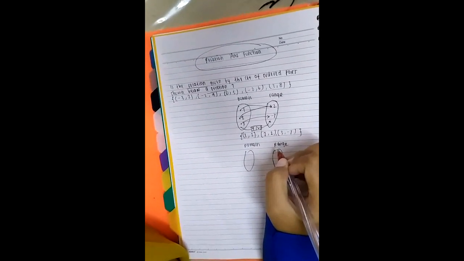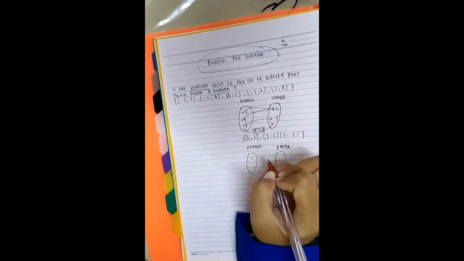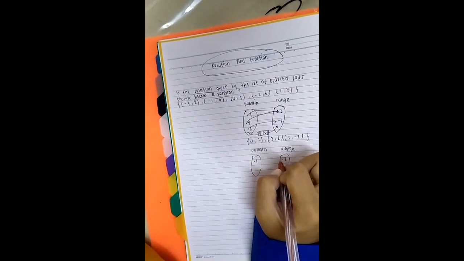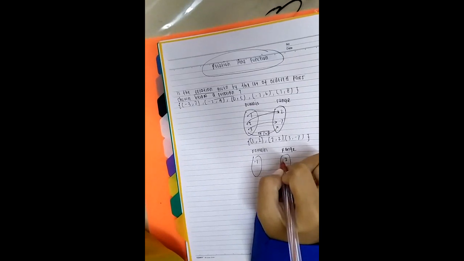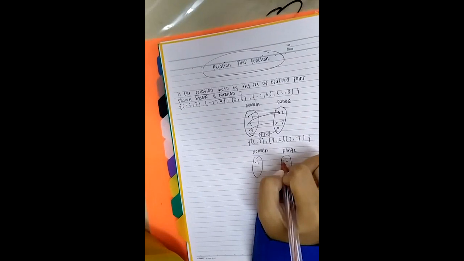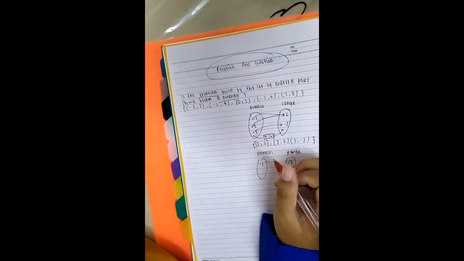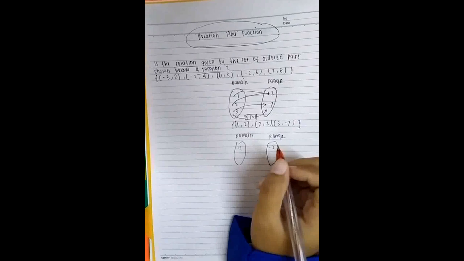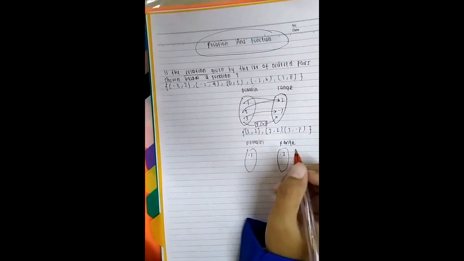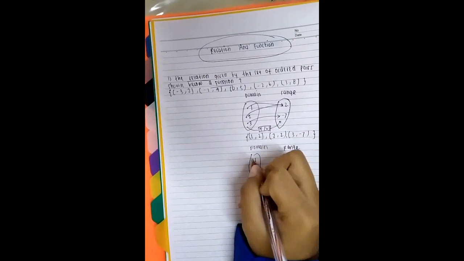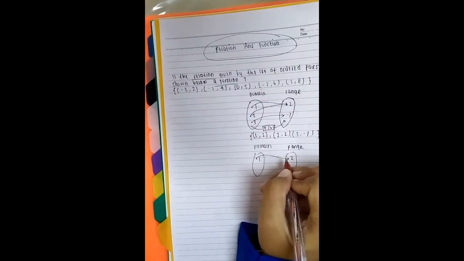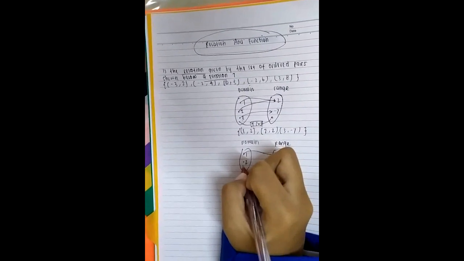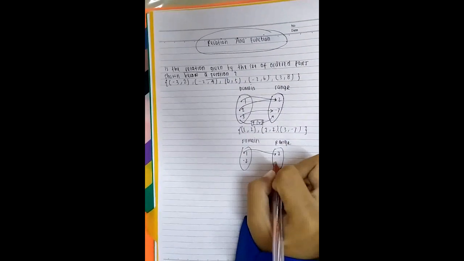Let's say in this relation 1 is associated with 2, and 2 is associated with negative 3.